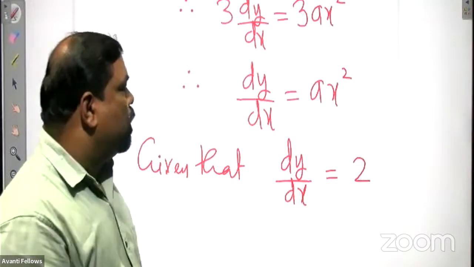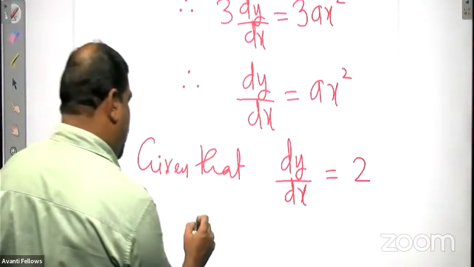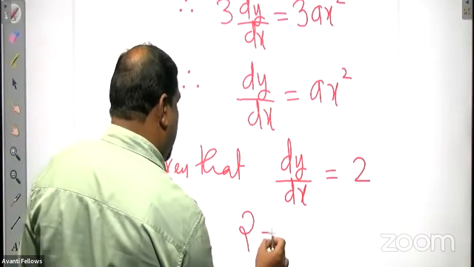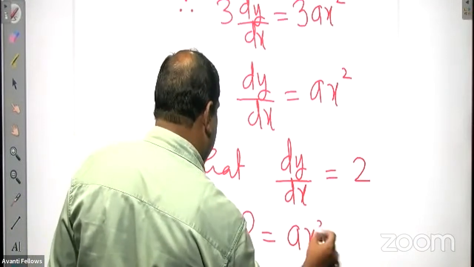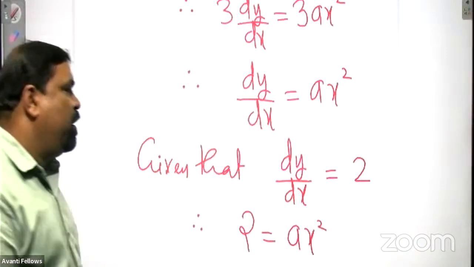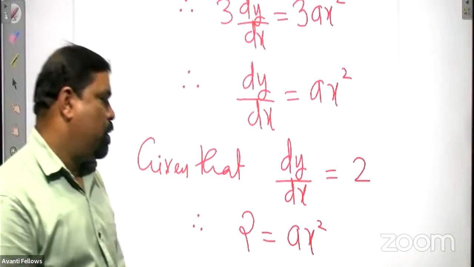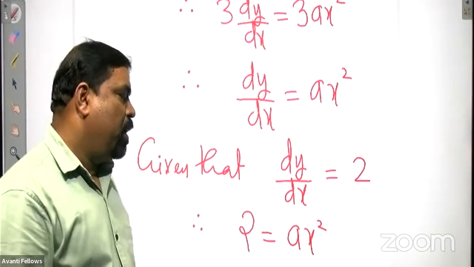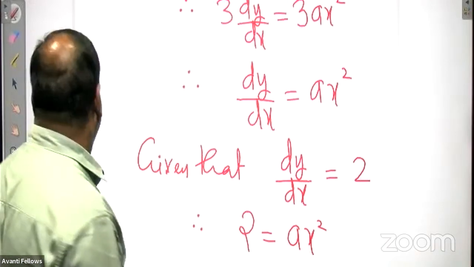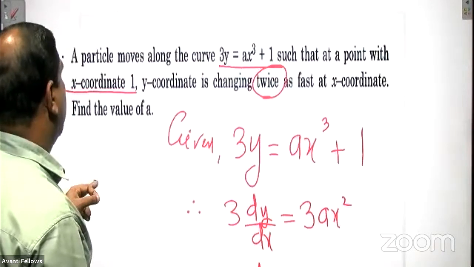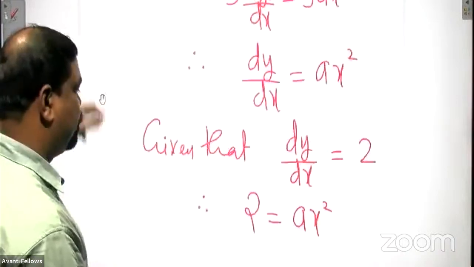So we get 2 equals ax square, substituting 2 for dy by dx. But it is also given that the x coordinate is 1.